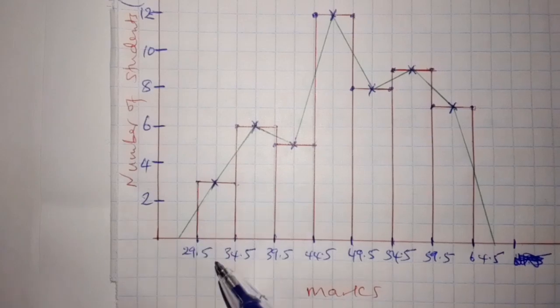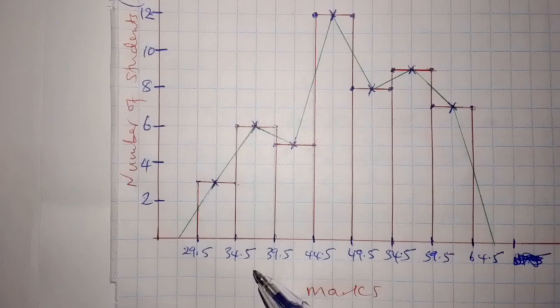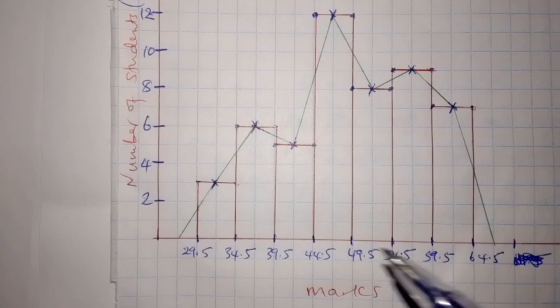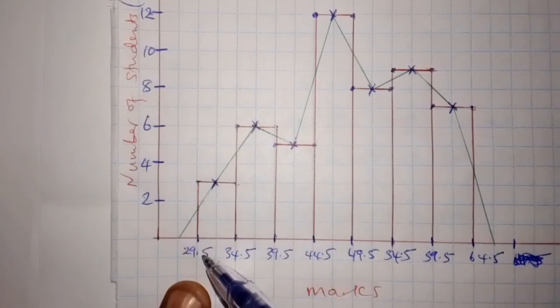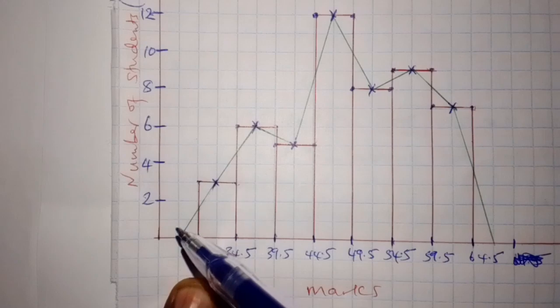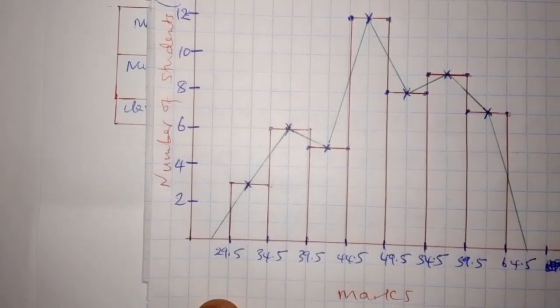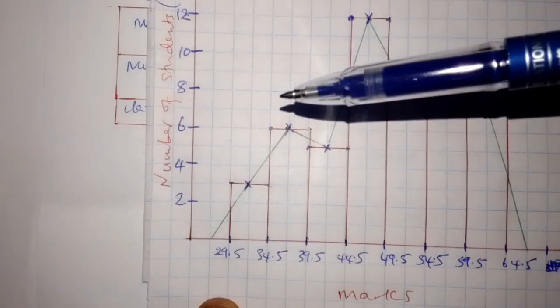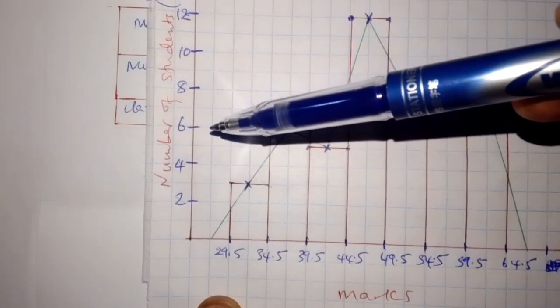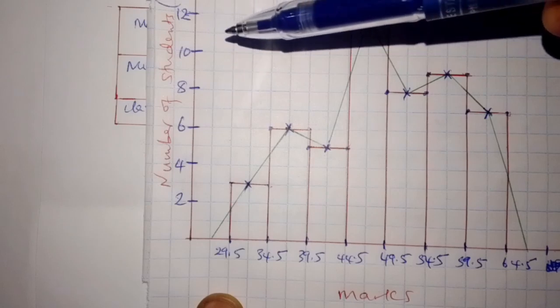These are our boundaries that we have identified: 29.5, 34.5, 39.5, 44.5, 49.5, 54.5, 59.5, 64.5. So here 29.5 will be here. The number of students, this is the frequency: 2, 4, 6, 8, 10, 12.